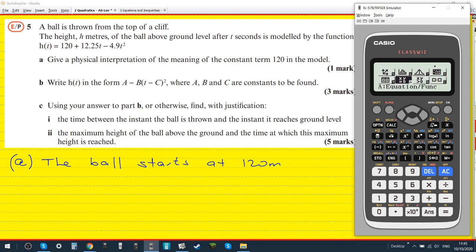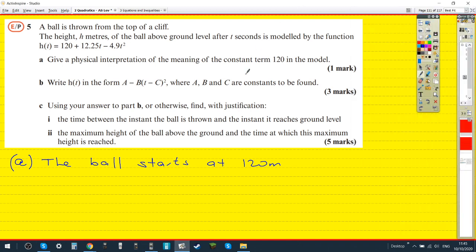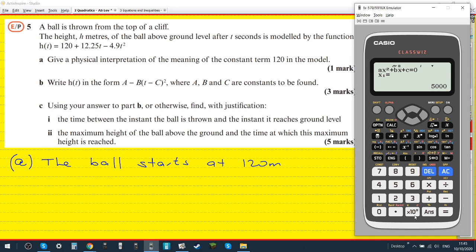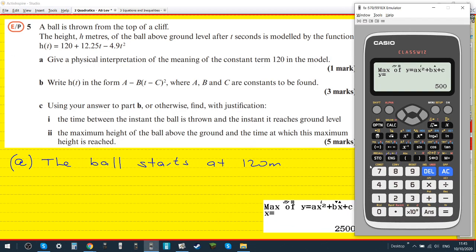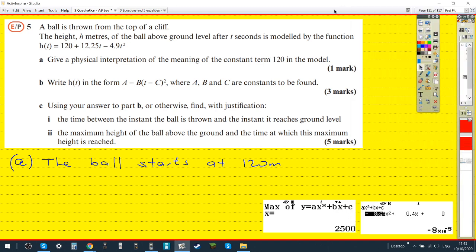So it'd be minus 4.9, minus... would B be 12.25? Yep. So it'd be minus 12.25 brackets T minus 120 squared. Sorry, I didn't realize you were talking about capital. Oh, we need the roots first, don't we? So you have to put it into the calculator.